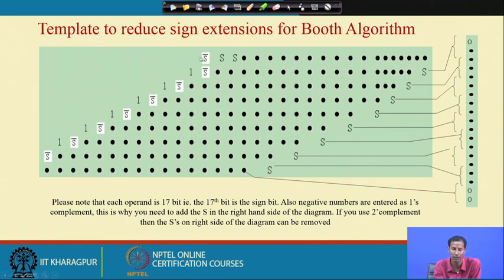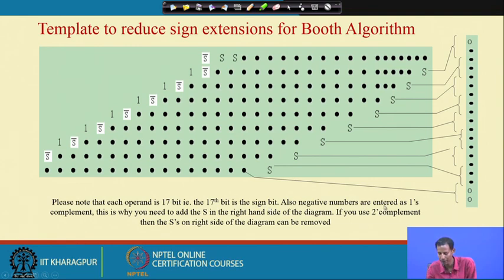Suppose this is the first set, and the partial products are generated something like this. Please note that each operand here is 8 by 8, so the product is 16 bits, and the 17th bit is the sign bit.